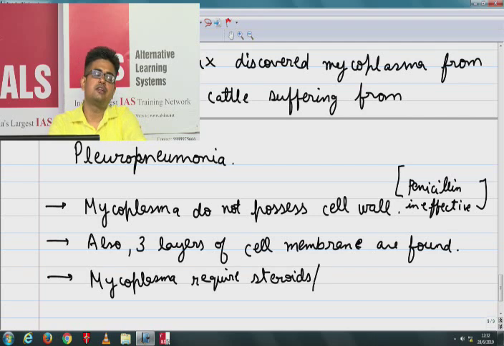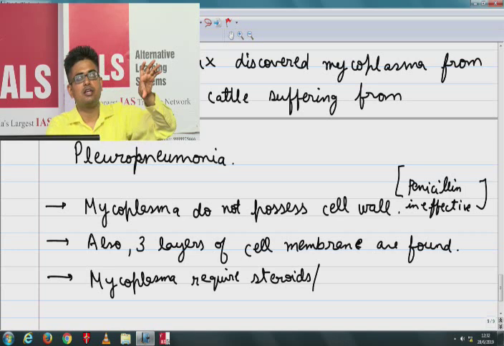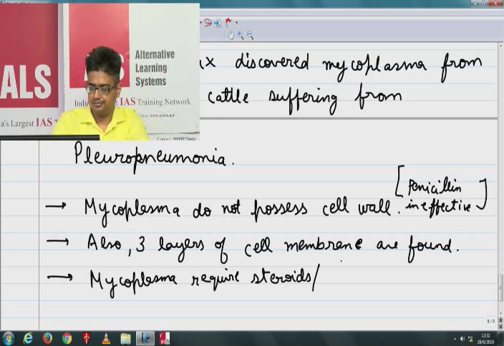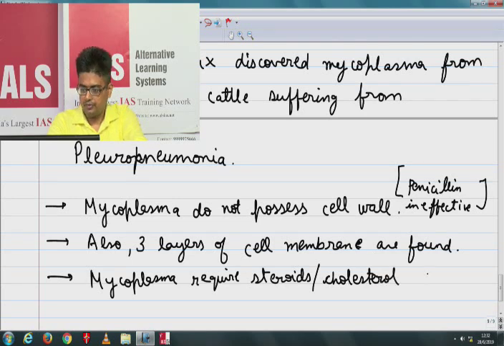All steroids have a cyclopentanoperhydrophenanthrene nucleus. No need to remember this long name. I just wanted to tell you that there is a kind of nucleus. If that thing is present in any substance, we will call it a steroid. Mycoplasma requires steroids or cholesterol for growth.